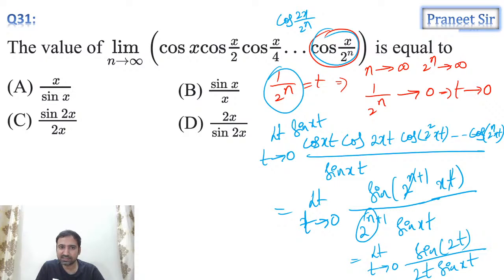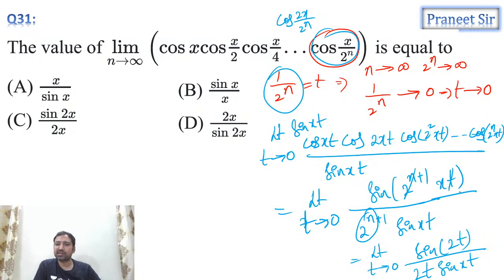But actually something is missing here. Some x is missed here out of all this. Let's see where we made the mistake. 2 power n plus 1, correct only.